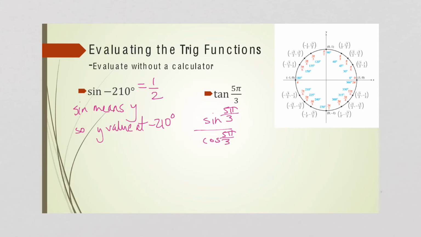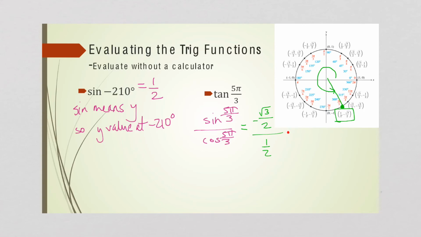So 5 pi over 3 happens here. So if I go around, this is where I get to 5 pi over 3. Well, that's this point here. Sine is y, remember? Cosine is x. So this equals negative square root of 3 over 2 over 1/2. Well, I got to do some work. Remember, we can't have all these extra fraction bars, so we have to multiply by the reciprocal.